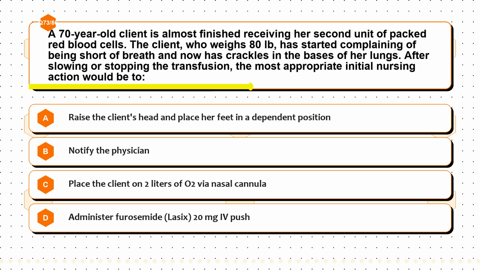Here are the options. Option A. Raise the client's head and place her feet in a dependent position. Option B. Notify the physician. Option C. Place the client on 2 liters of O2 via nasal cannula. Option D. Administer furosemide, Lasix, 20 mg IV push.